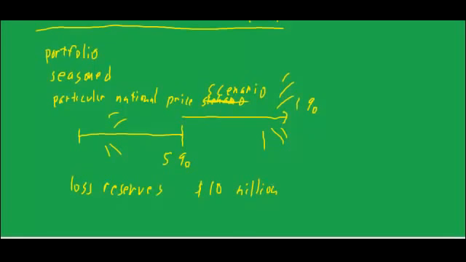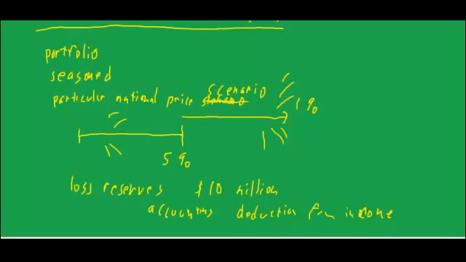That also enters into your accounting statement as a deduction from income. So if next year house prices have done better than you expected in your original scenario, you could reduce your loss reserves and actually have an increase in income.